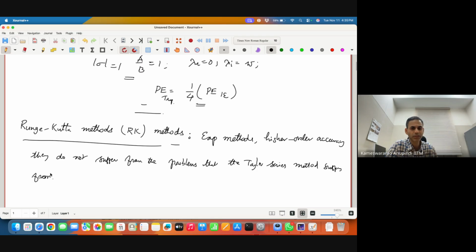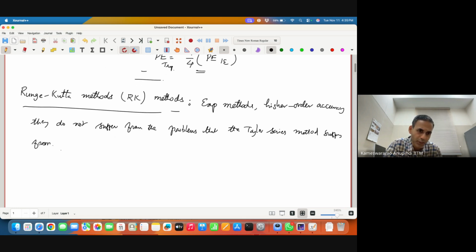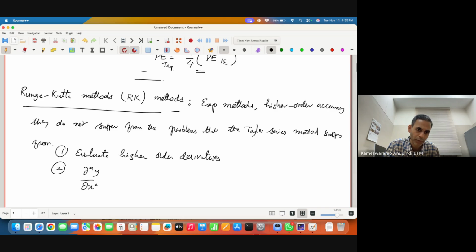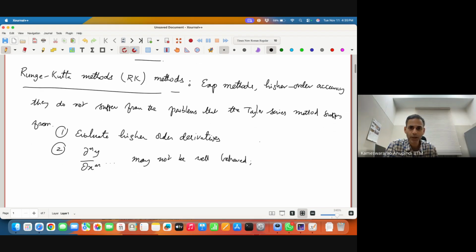We know that in the Taylor series method, we need to evaluate higher order derivatives, right? And we know that these higher order derivatives, the del to the power n y by del x to the power n, may not be well behaved, right? They may not even exist. So that is the problem we have identified.